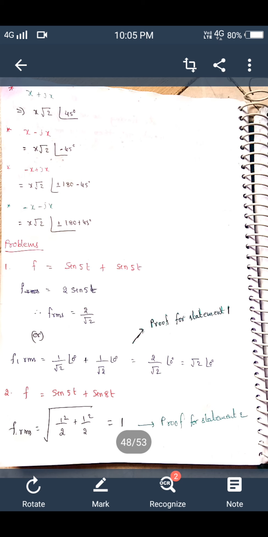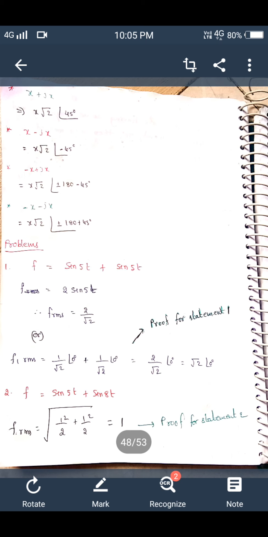Now for statement 1, here is the proof. Statement 1 says that if signals have the same frequency, then we use the phasor method to calculate the RMS value of the signal. See, a network is given with two sources, one is sin 5t, another also sin 5t, meaning two signals have the same frequency, omega equal to 5.